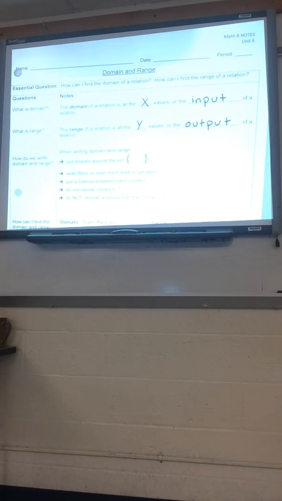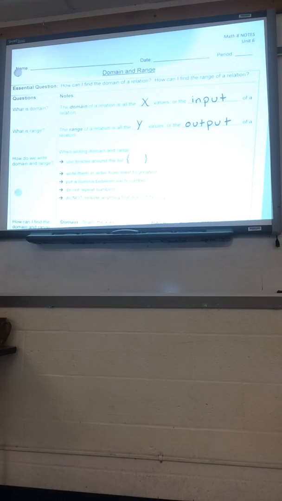So when we're writing domain and range, well, not me, but people in the math community, we're going to be picky as to how it's written because you're writing a set, which is just a fancy math word for a list of things.